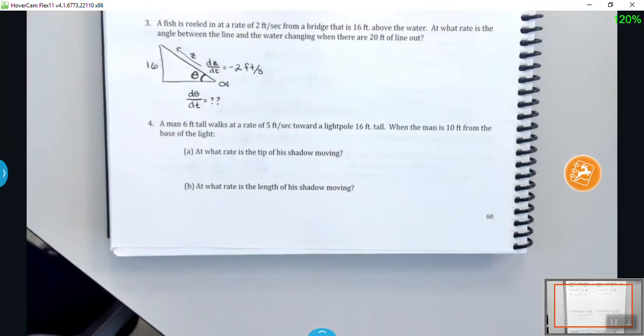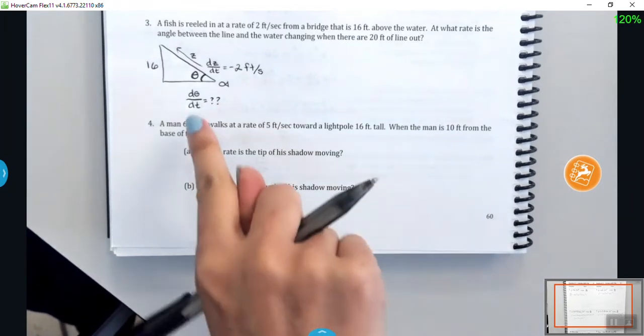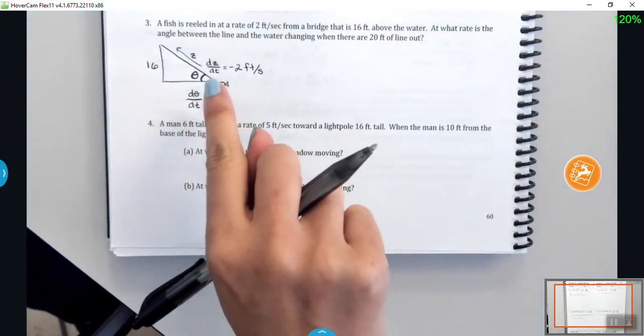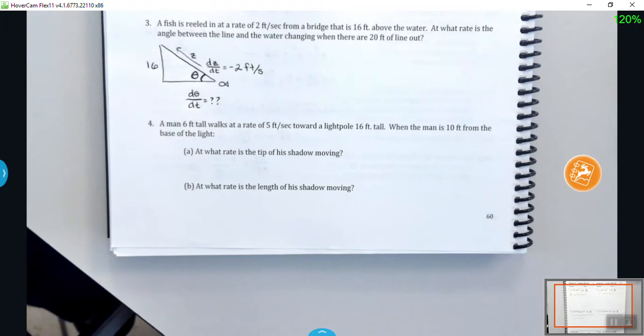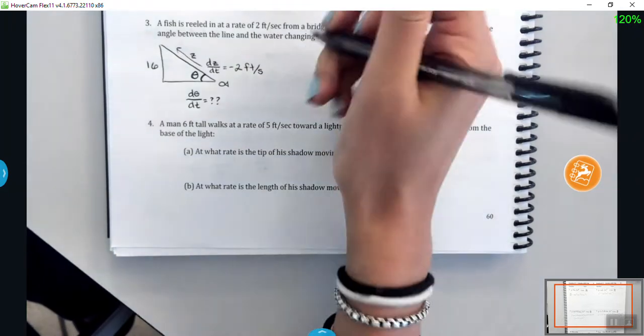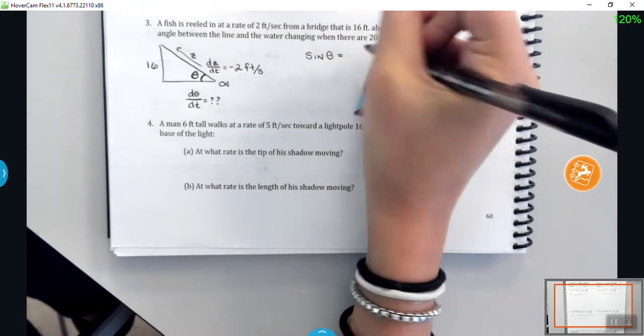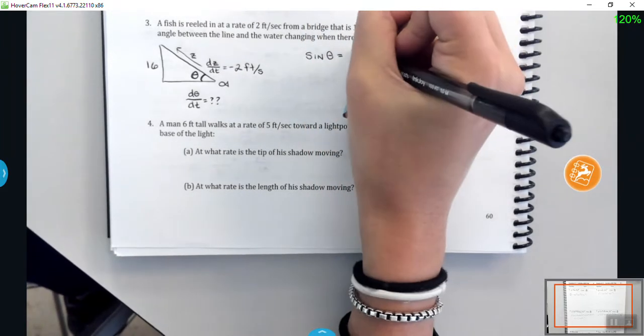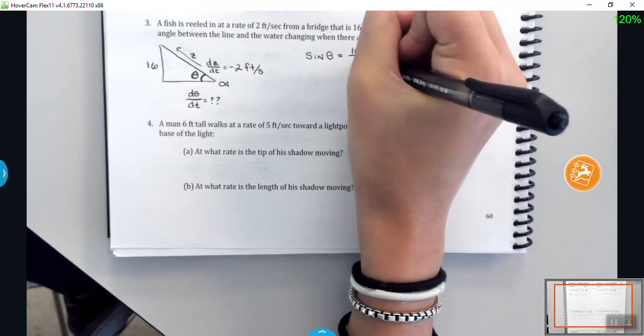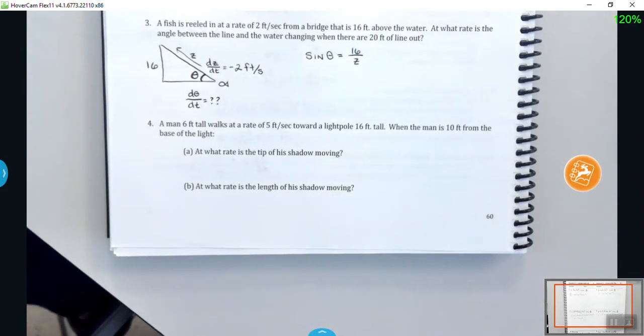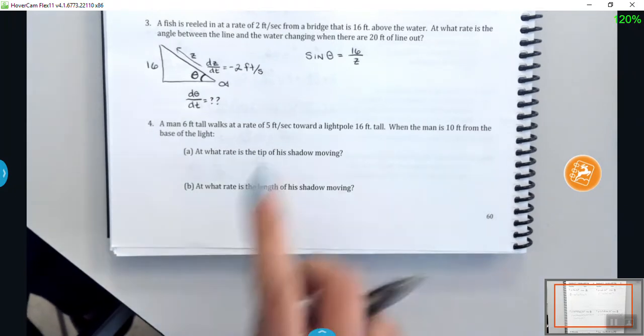So I need an equation that has theta and z in it. Sine theta equals 16 over z. What's the derivative of sine?